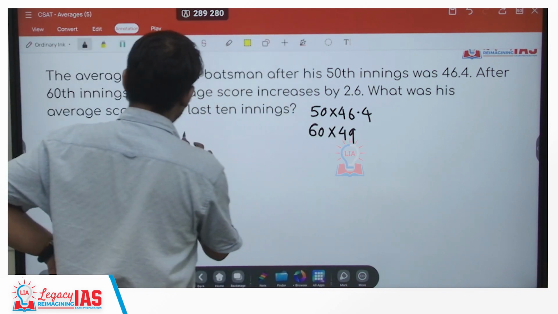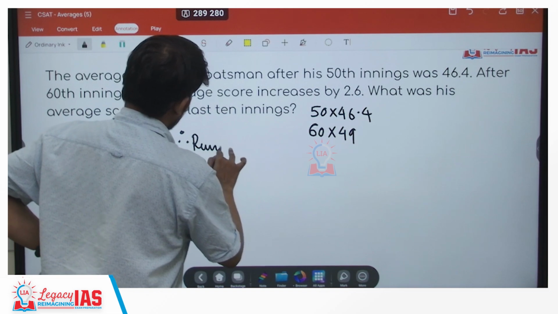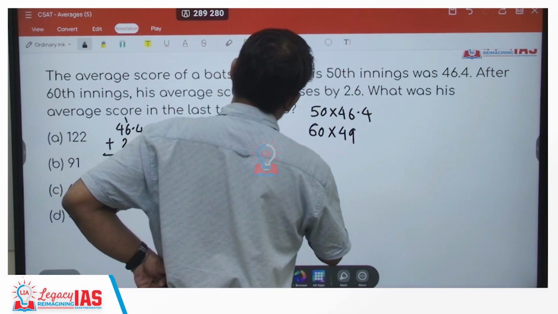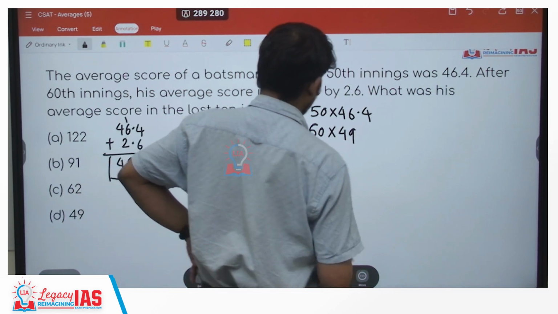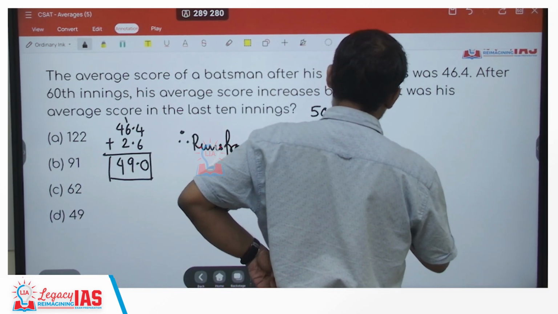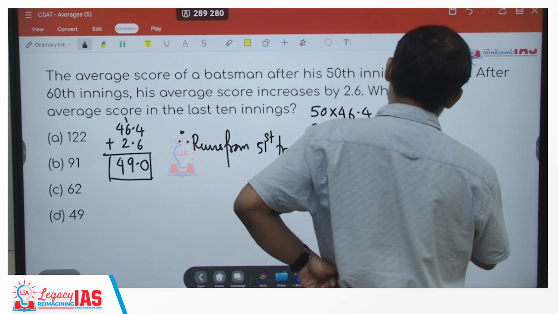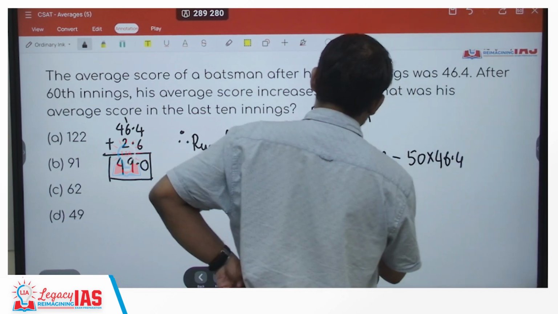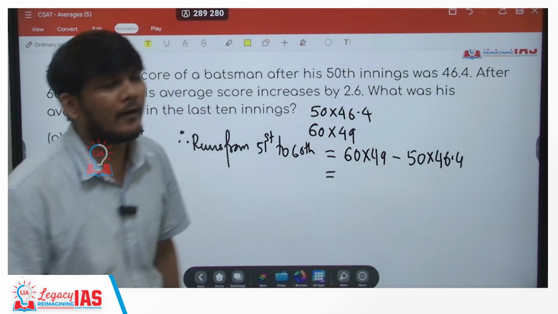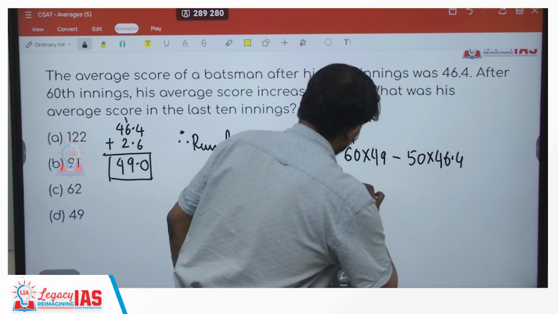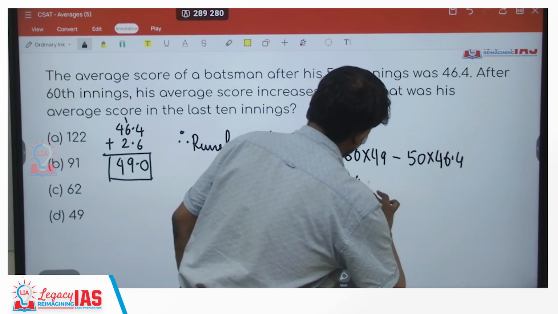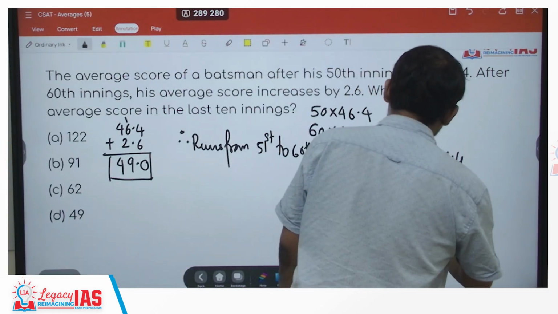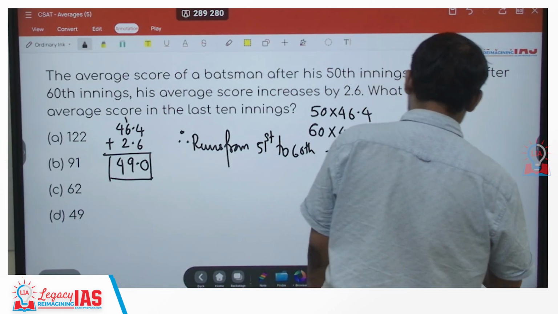So therefore, runs from 51st innings to 60th innings equals what? 60 into 49 minus 50 into 46.4 equals what? 60 into 49 would be 2940 minus 50 into 46.4 would be 2320.